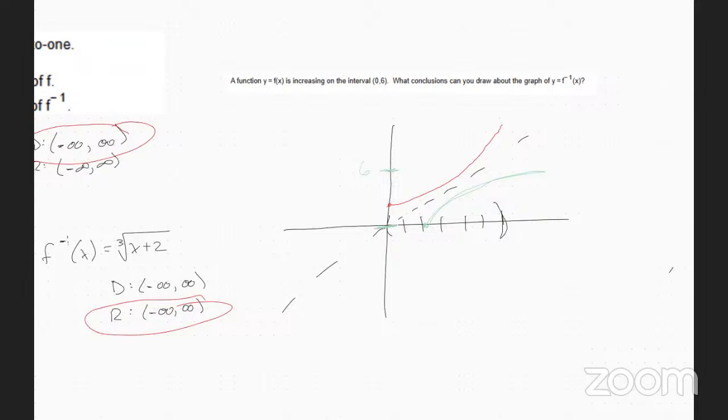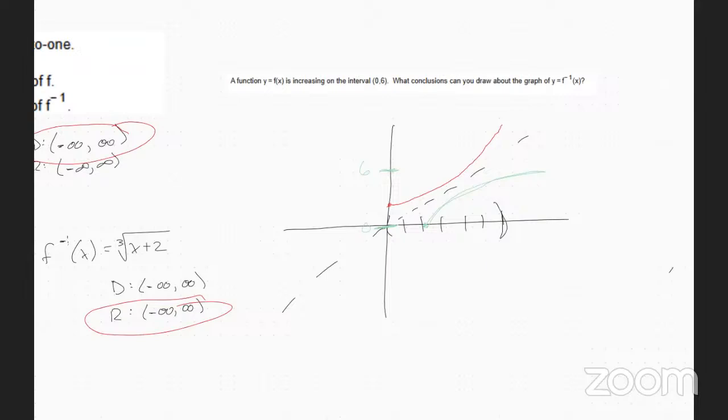So what can you conclude? That it is increasing, right? In this example, it looks like it's increasing, but what do you say it's increasing from?